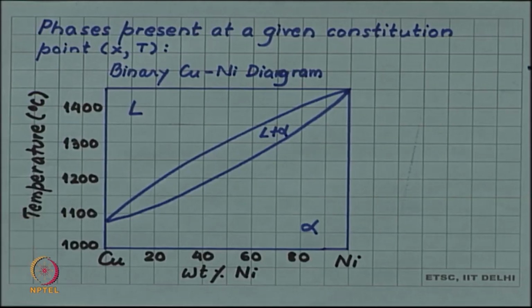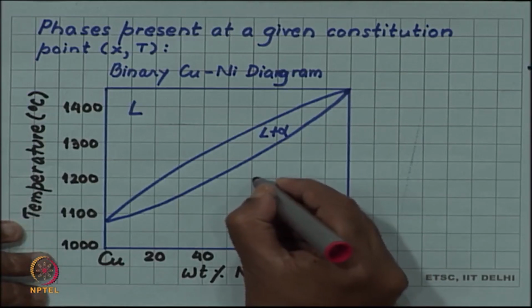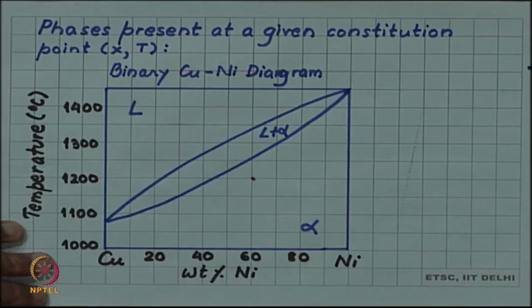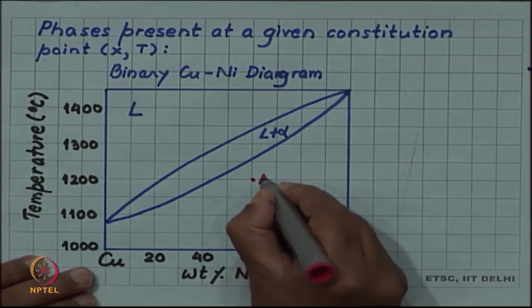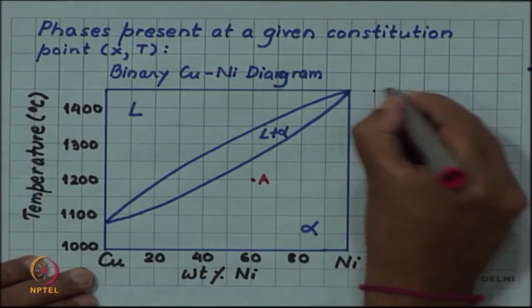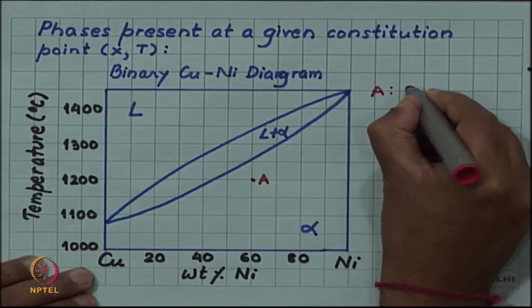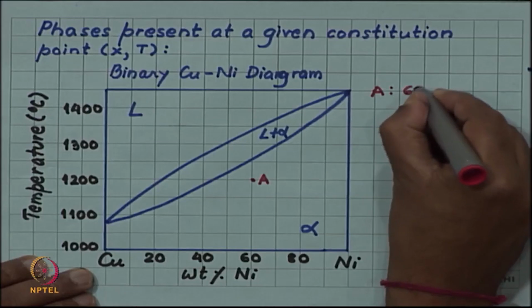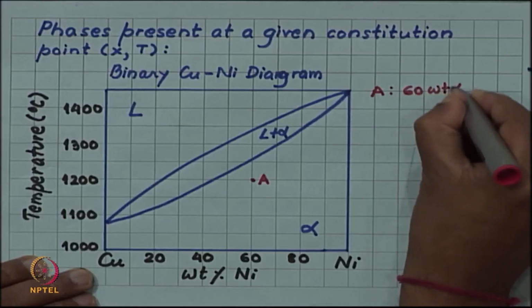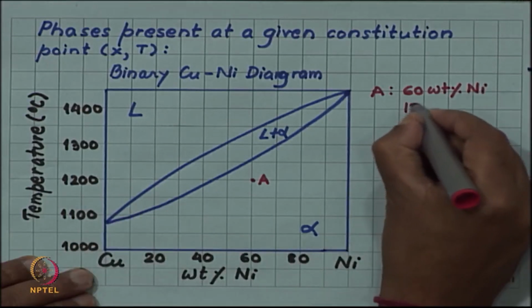Then depending on where my constitution point is, for example, if I look at, let us say, this point, let me call this point A. First of all, if I look at its x component, that is 68% nickel. So, this means it is an alloy of 68% nickel, and if I look at the y coordinate, it is 1200 degrees Celsius.